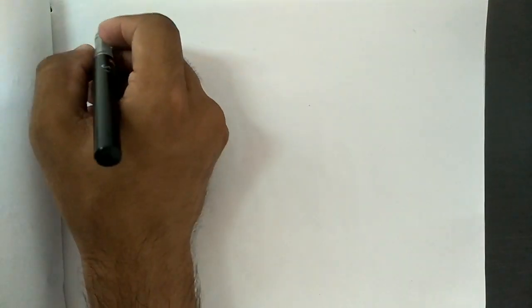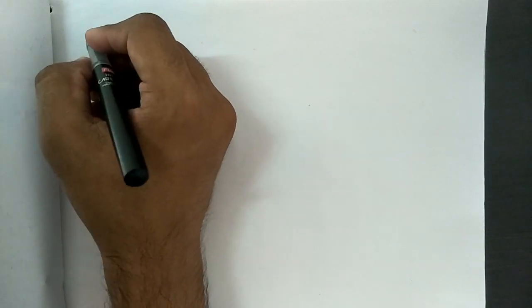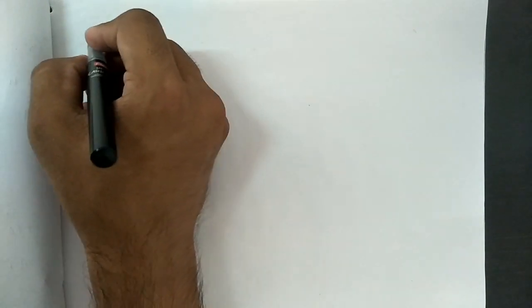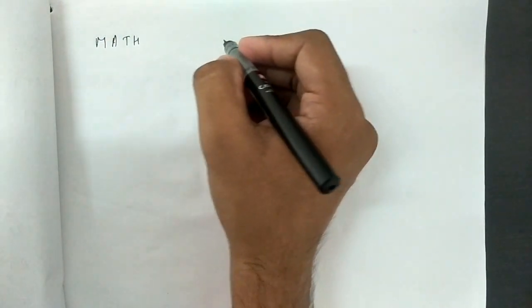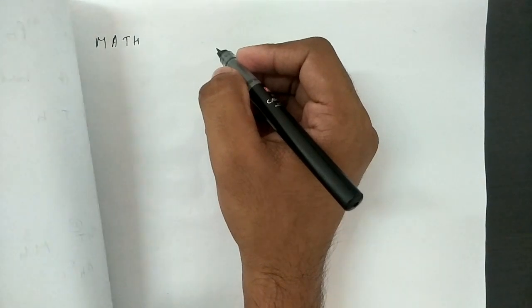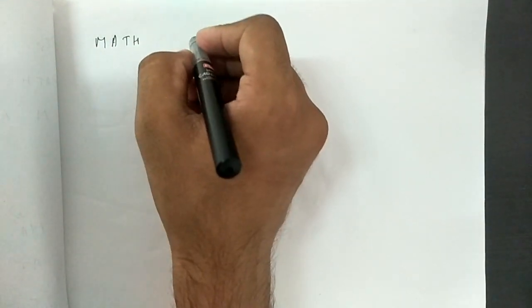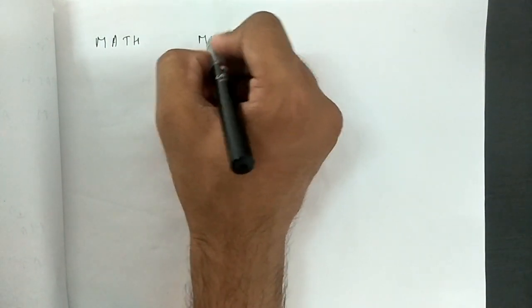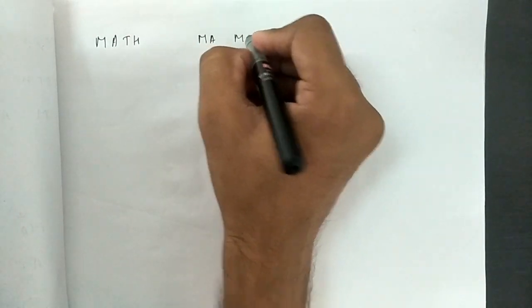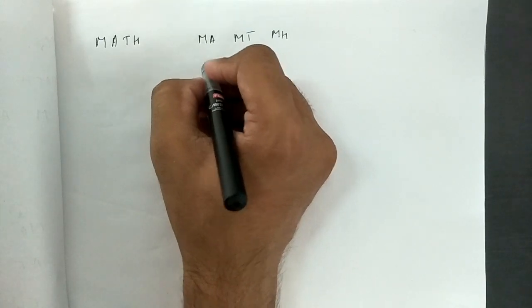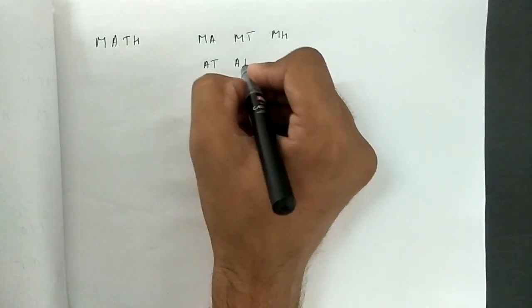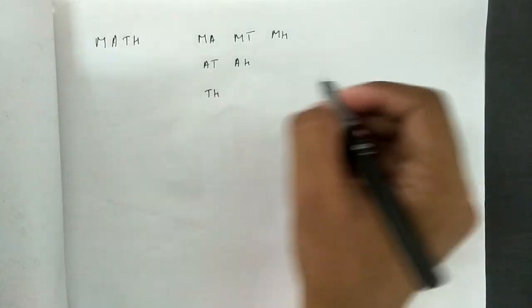Now if I ask you how we can arrange these letters, if I ask you to choose 2 letters from the word MATH, then we have already written that there are 6 possible ways: MA, MT, MH, AT, AH, TH.